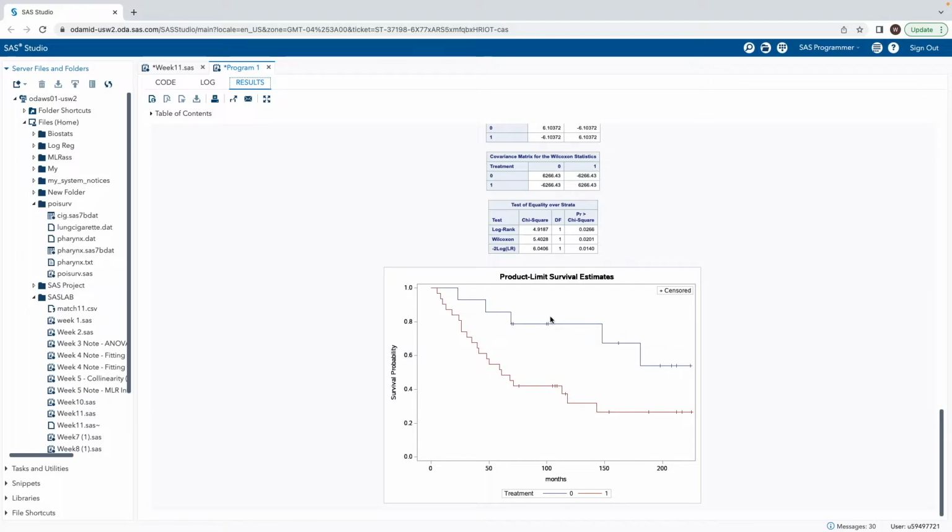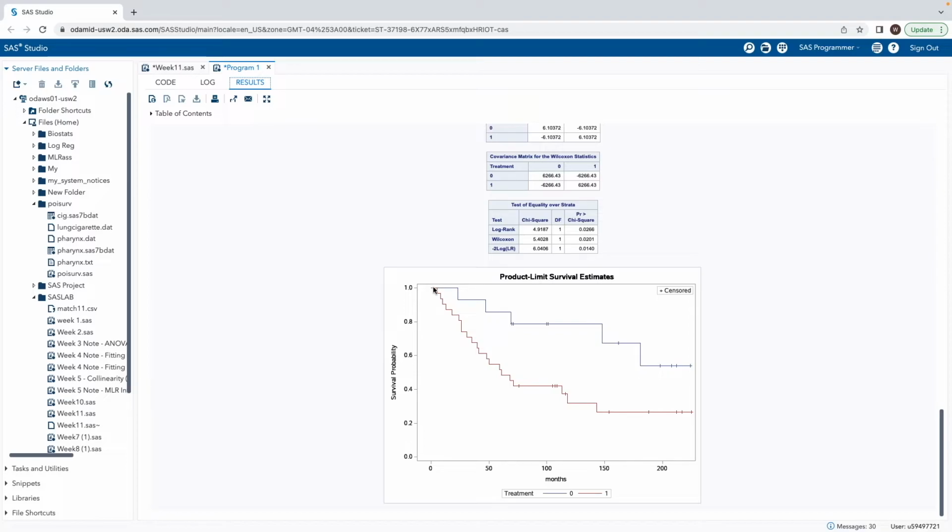But each one of these dashes means that it's censored, and each time it dips, it means that someone in that group had the event, and I imagine it's death in this case since it's survival probability. And over time, the probability of surviving up to that point gets lower and lower.